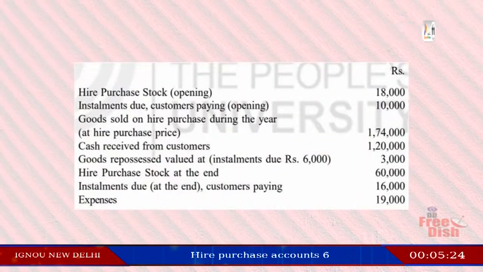Hire purchase stock opening is given, installment due opening given, goods sold on hire purchase at hire purchase price is given, cash received from customer is given, goods repossessed value at installment due 6,000 and the market value is 3,000, hire purchase stock at the end 60,000, installment due at the end 16,000, expenses 19,000.